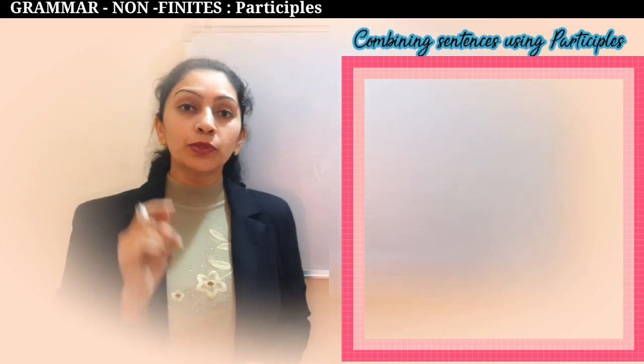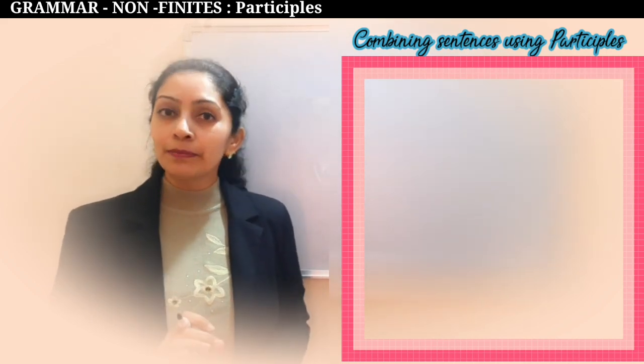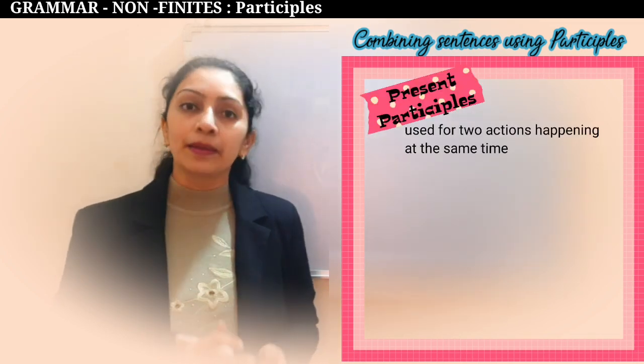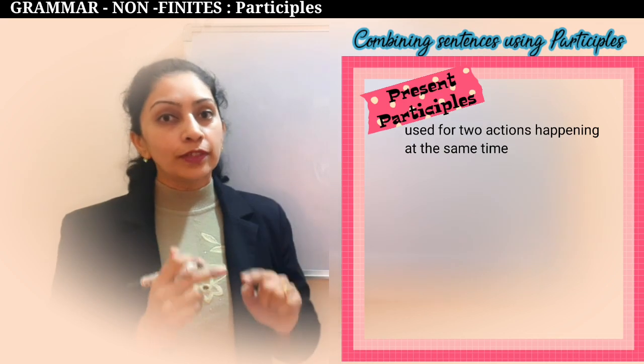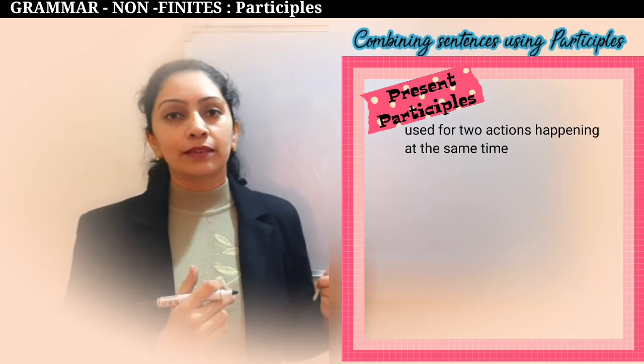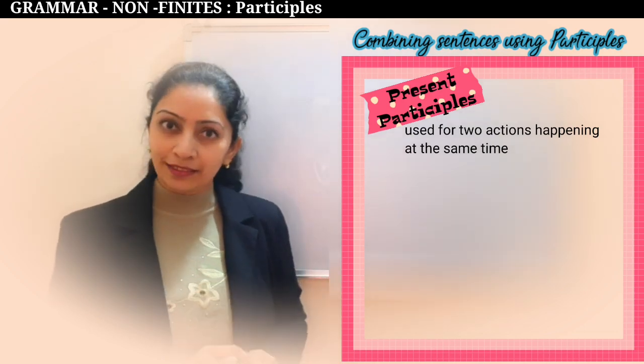So don't get confused about when to use which participle. I'll quickly summarize it for you. Present participle is used for two actions which are happening either simultaneously or the first one started and then after some time the second one also started, which means the first action was still incomplete when the second one started.